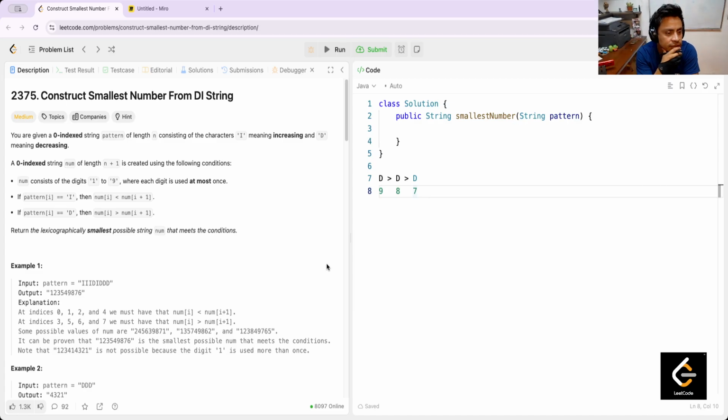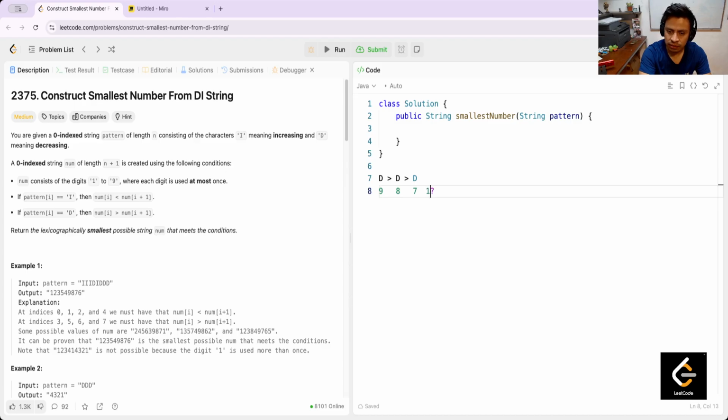Okay, you are given a 0. I think that the extra value should respect this validation. For example, this should be less, this should be less.